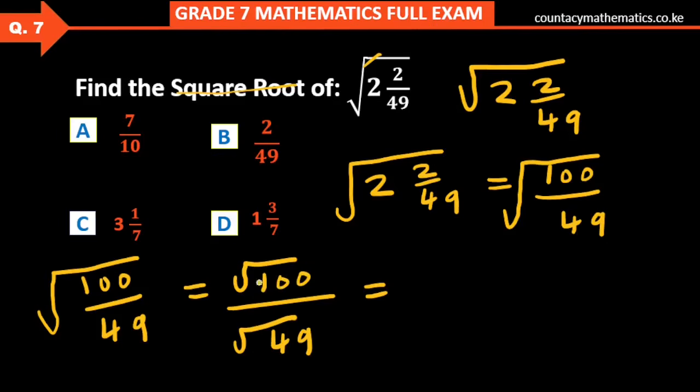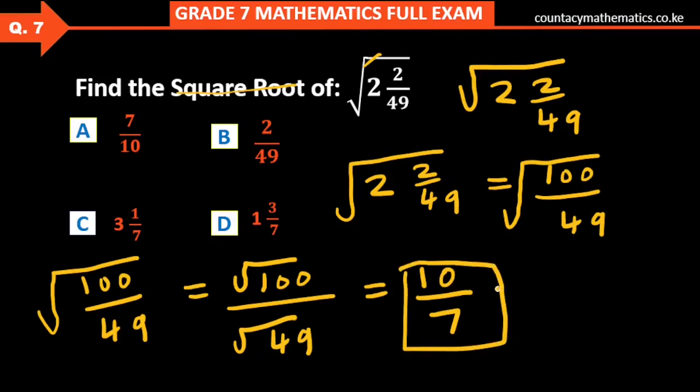Therefore, the square root of this number is just a 1 with 1 zero, which we call 10. And for 49, the square root should be 7. So we have 10 over 7. That should be the solution.